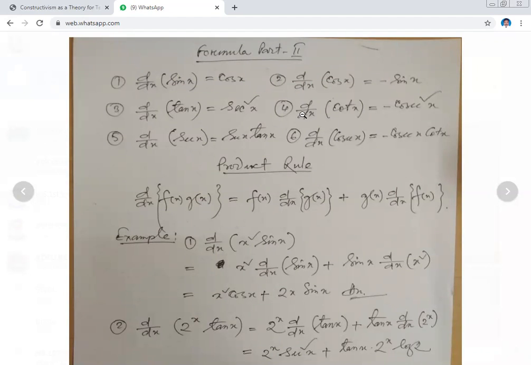Differentiation of sin x is equal to cos x. You have to remember all the formulas. Without remembering the formulas, you cannot go ahead a single step at the time of solving numericals in differential calculus. In every formula you have to remember.